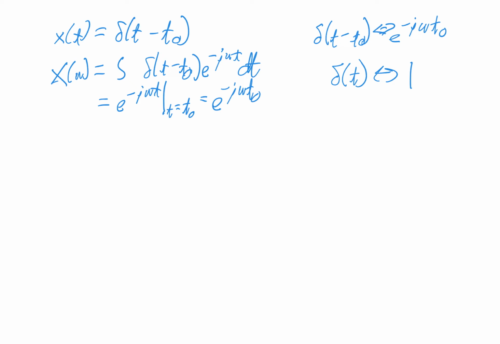Now let's see what happens if we try to put the impulses in the frequency domain. Since the Fourier transform and the inverse Fourier transform have very similar integrals that just differ by that 2 pi factor and the plus or minus j, we expect to get a similar pair. So let's see exactly what happens.